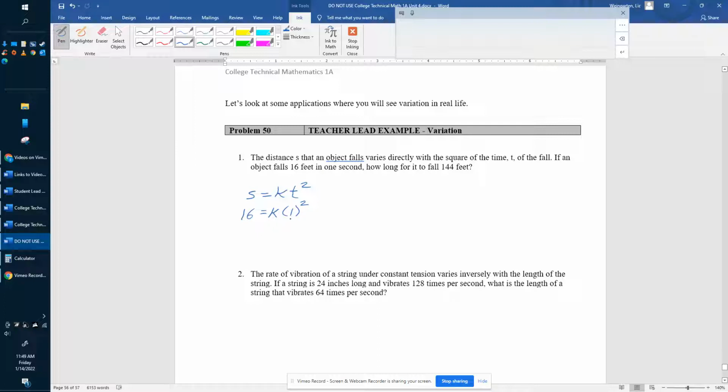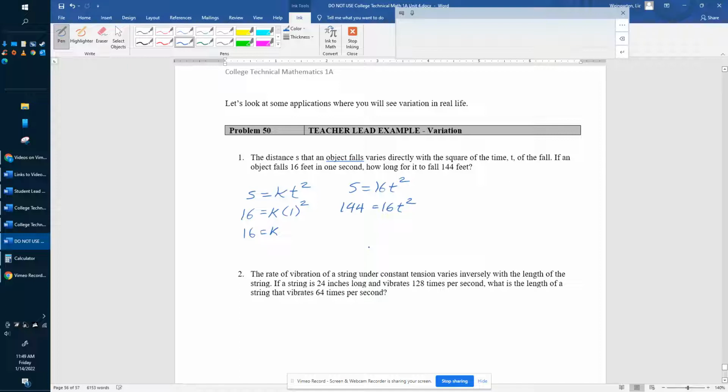So let's solve for k, and we get 16 equals k. That was easy enough. S equals 16 times t squared. So how long will it fall for 144 feet? So S is the distance, so 144 equals 16 times t squared.